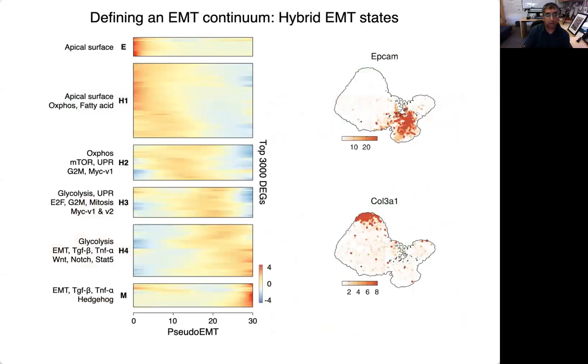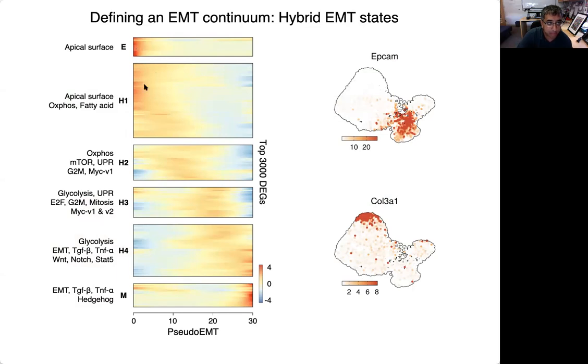Okay, and so here's another view of that where we really condensed things across thousands of differentially expressed genes across the pseudo EMT trajectory and grouped them by different clusters or patterns: E and then H1 through H4, so hybrid 1 through hybrid 4, so early hybrid to late hybrid states.